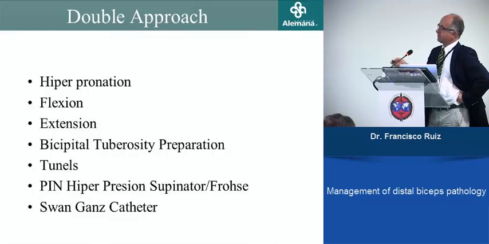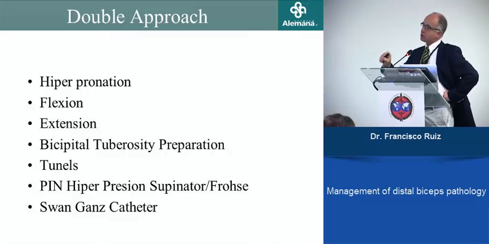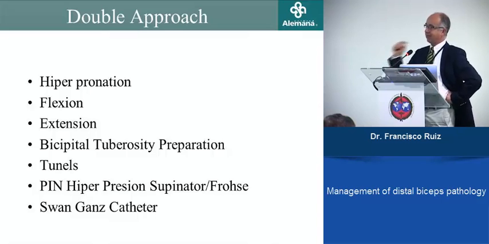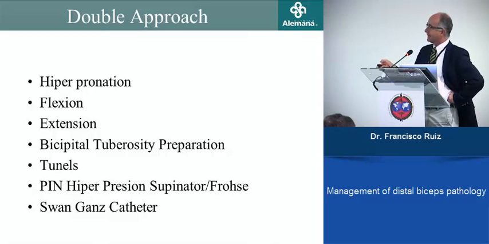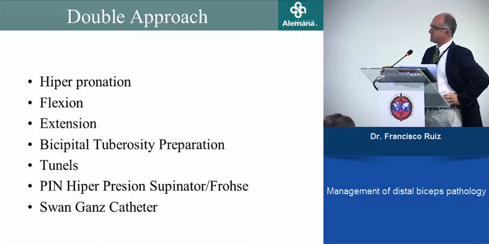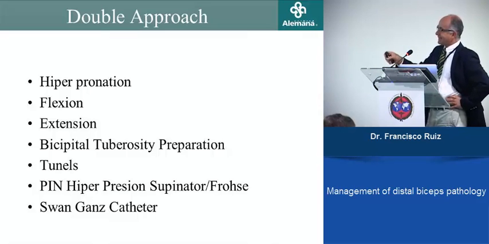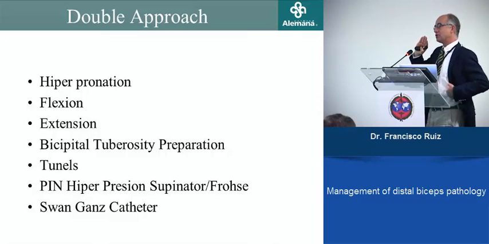The theory says that during hyperpronation of the forearm, especially when you're doing a double approach technique with the flexion and extension that you need for preparing the bicipital tuberosity, the posterior interosseous nerve will be trapped against the arcade of Frohse.